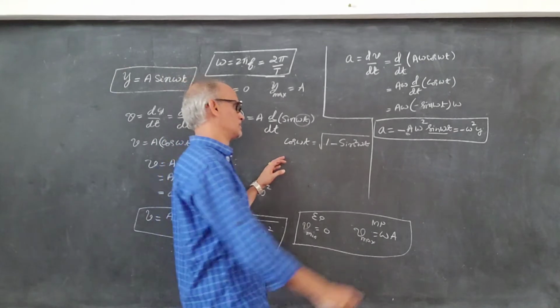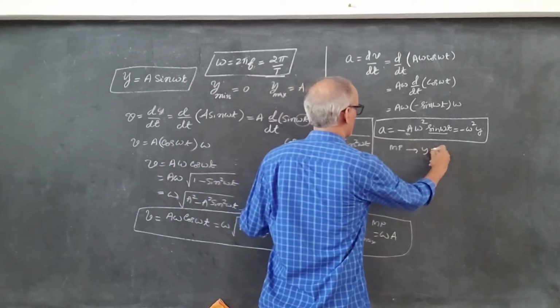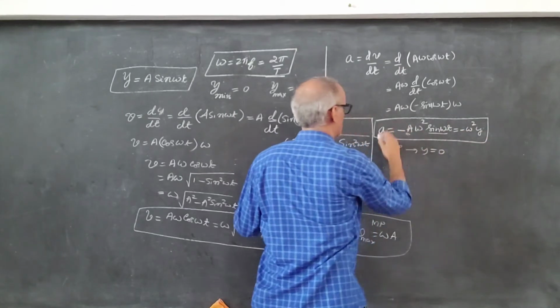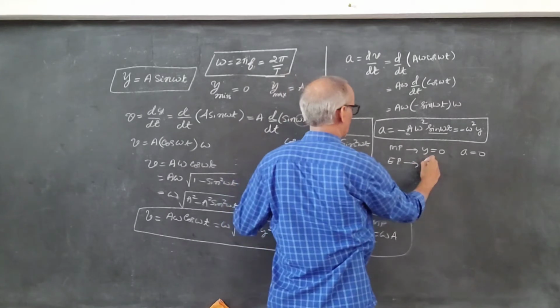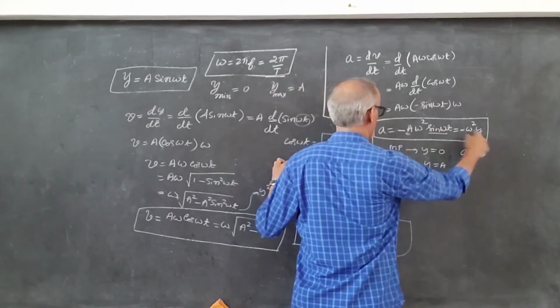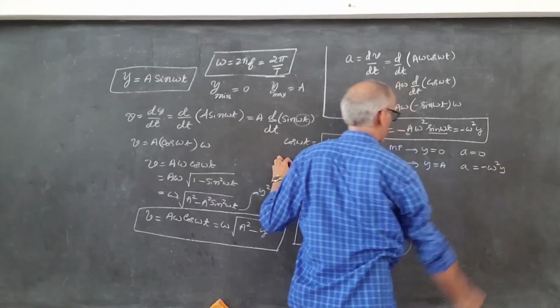At the mean position, correct, y is 0. When y is 0, a is 0. At the extreme position, y is a. Therefore, a is equal to minus omega square a.